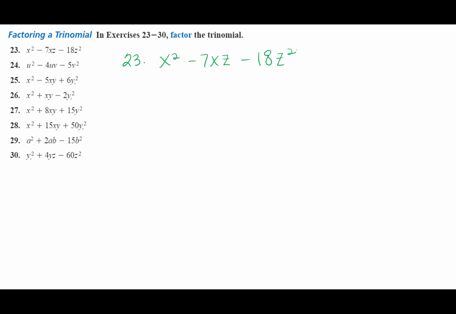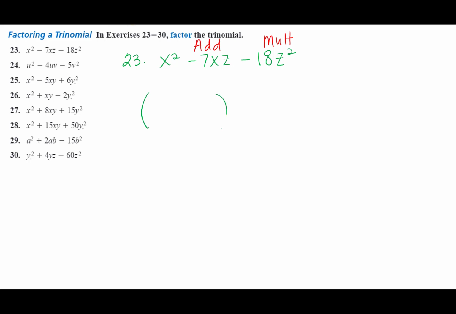We're going to factor number 23 exactly how I've been teaching you how to factor trinomials. This is a trinomial where the x squared term has a 1 for a coefficient. And so we can use the method that you find two factors that add to the middle term and multiply to the coefficient of the last term.